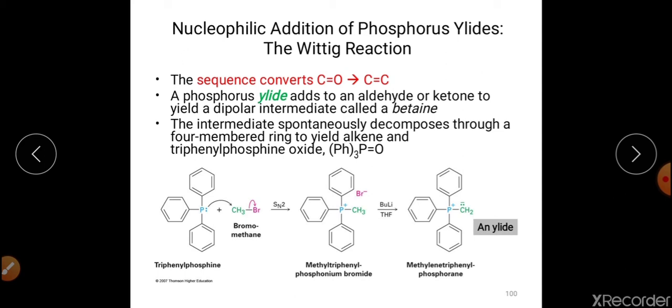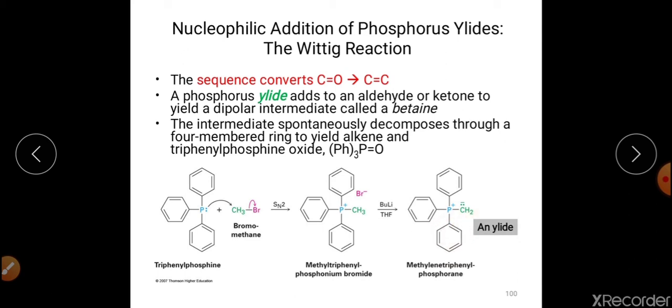So this is your phosphorus ylide, in which these are the three phenyl rings which are being attached with this phosphorus, and to this phosphorus we are having a carbon, and this carbon is having negative charge and phosphorus is carrying the positive charge. So this is called the phosphorus ylide, and this is methylene triphenyl phosphorane.